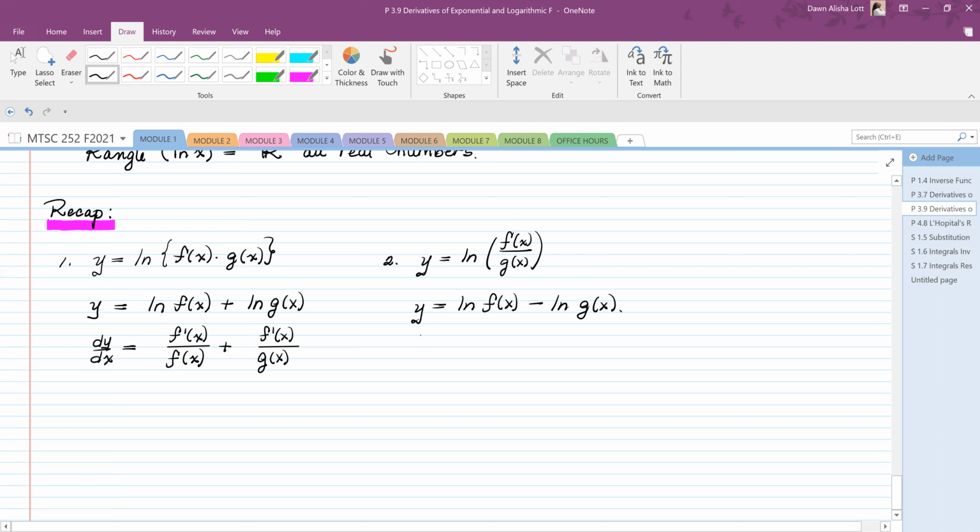And then when I take the derivative, I'm going to put f of x in the denominator and its derivative up top. And then I can do the same to g. G of x in the denominator and its derivative.